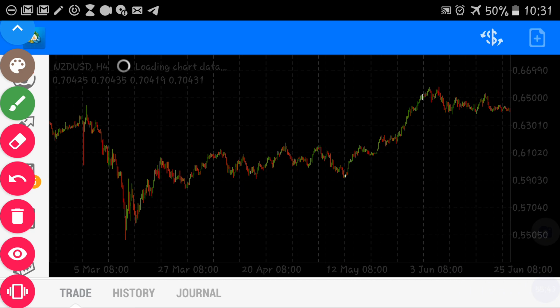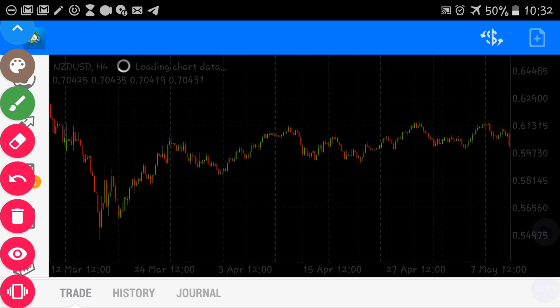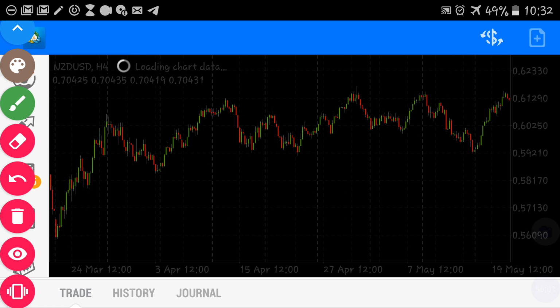So when you want to draw this, the second way to draw a trend line, this way is kind of a little bit more technical. You have to pay more attention. That's why I use the other way, but this way is also good. Now I'll be placing my support and resistance.